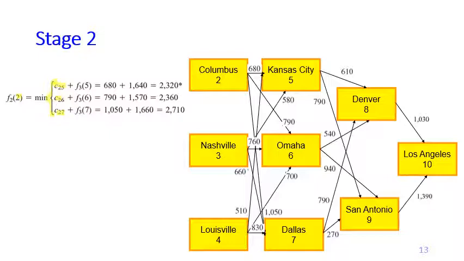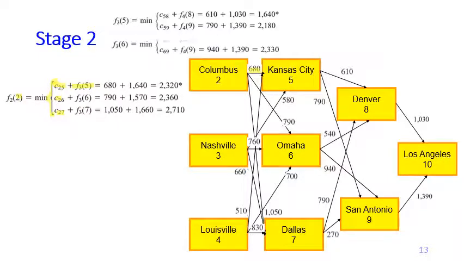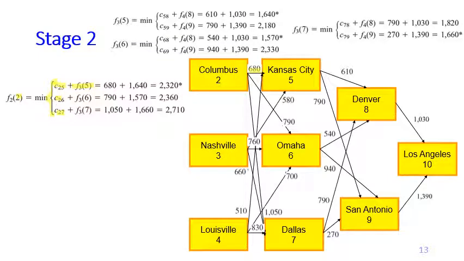Again, we sum the decision. Let's say C25 means the distance from Columbus to Kansas City plus F35. Okay, so this is where we use our calculation from the previous stage. So let's summon F35, F36, and F37 that we have calculated in the previous slide.